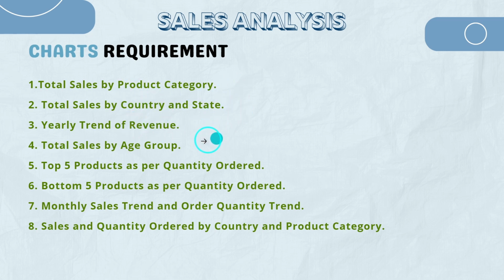And here we have to show total sales by age group. So I think the age group column is not there. So what we will have to do is calculate this age group column based on the age which would be present in the data set. So that's how you have to understand what new columns or new measures you will have to create in order to fulfill this requirement of the charts. So that is a very crucial step in that. Now let us walk through the data set.